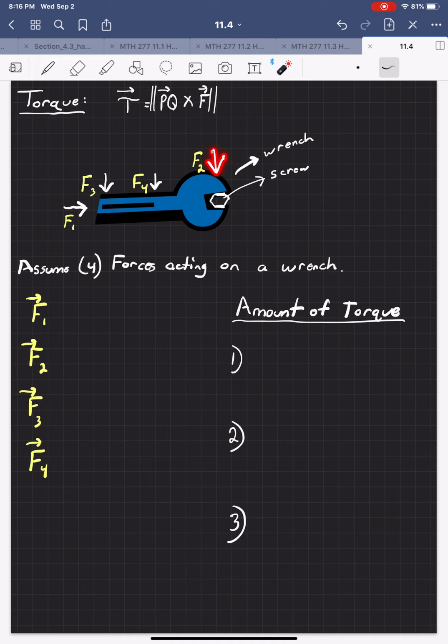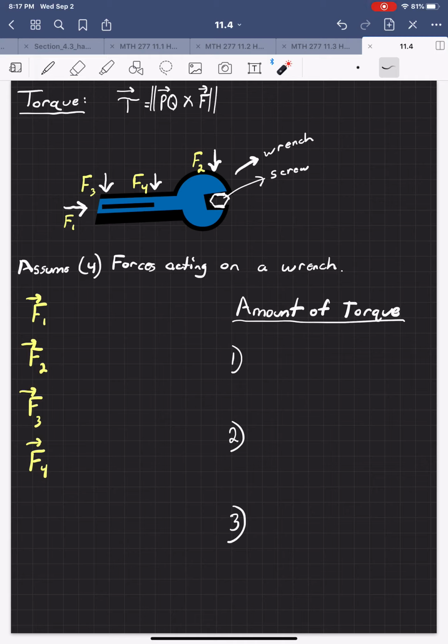The axis of rotation, the angle at which you apply the force matters.